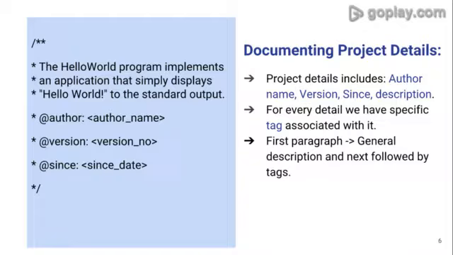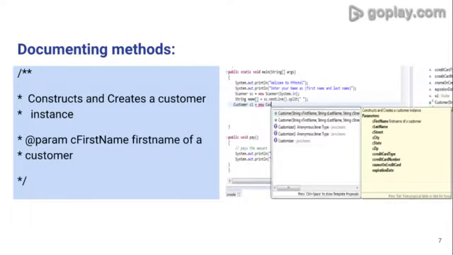So we can document everything here by using the tags. Javadoc provides the feature of doing everything using tags. Again, as I said, we can document the whole project, and even the modules, separate classes, and methods.